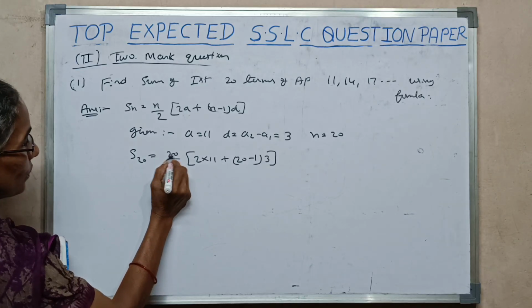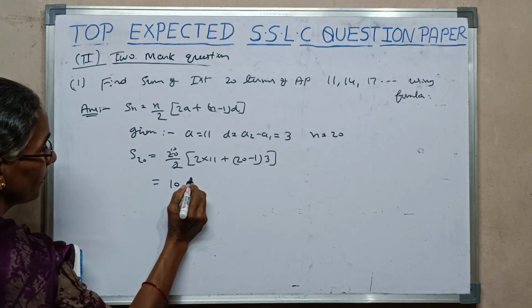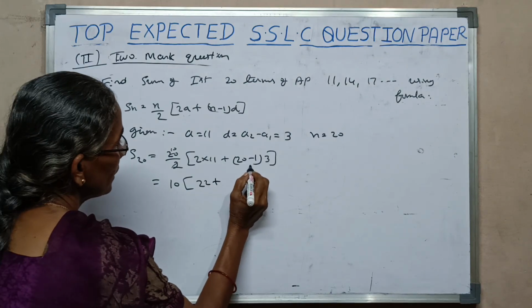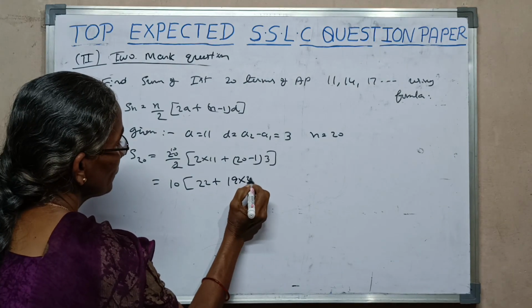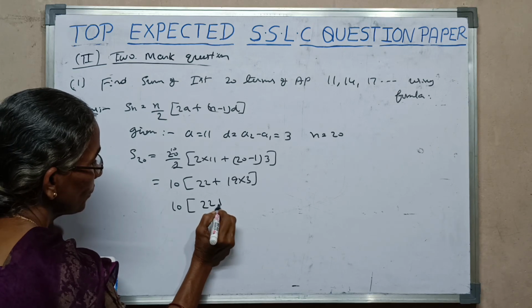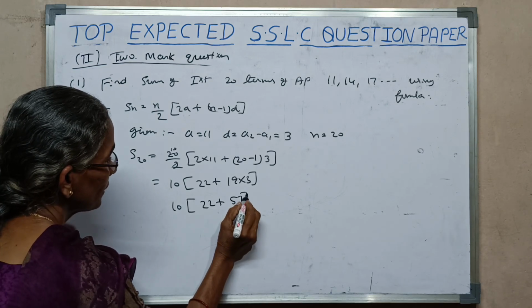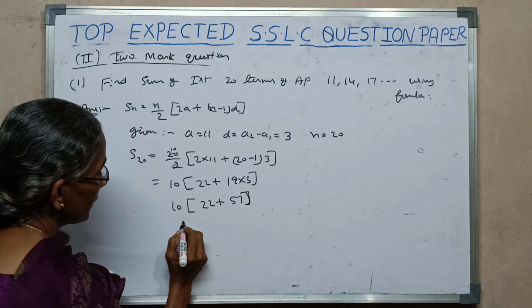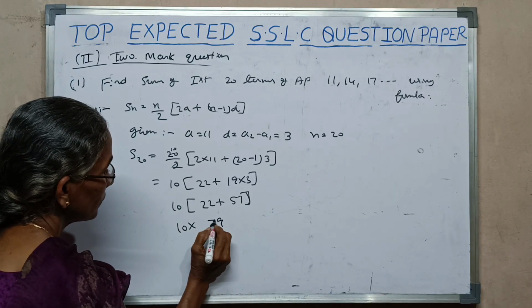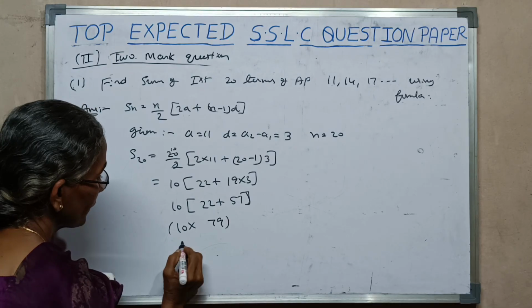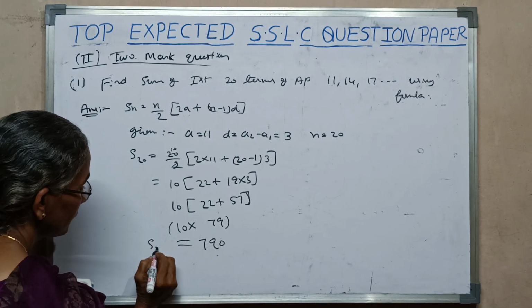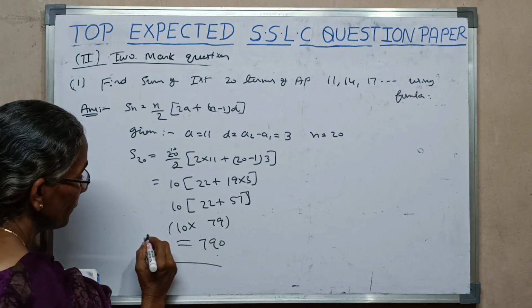So 10 into 22 plus 19 into 3, that is 22 plus 57, so 10 into 79 equals 790. S20 equals 790.